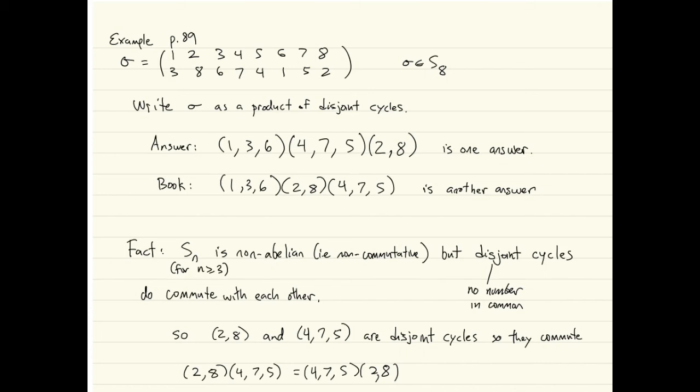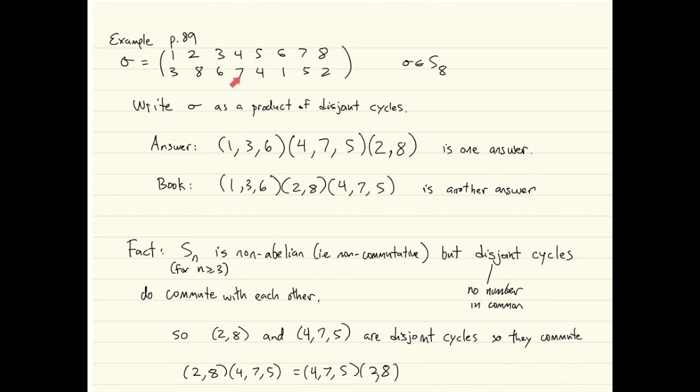Okay, then we start a new parentheses, because not all 8 elements, 1, 2, 3, 4, all the way up to 8, have been analyzed. So let's start off with a number that doesn't appear. I could start with any number that hasn't appeared amongst 1, 3, and 6. I don't want to choose 1, 3, and 6. Those are already understood. I could choose 2, but just to be different, I chose 4. What does sigma do to 4?